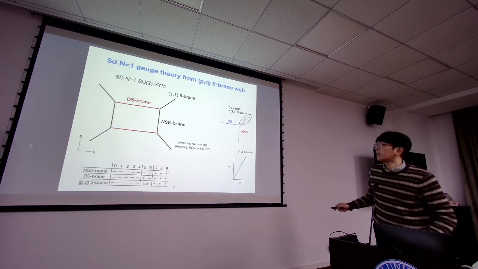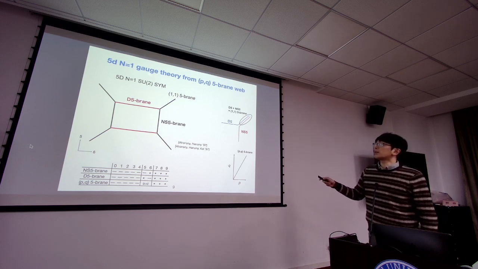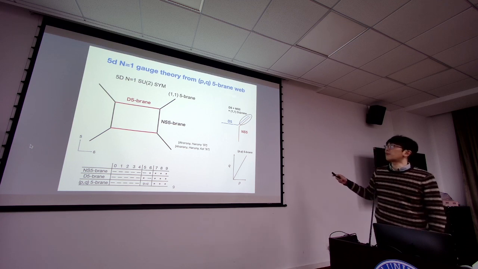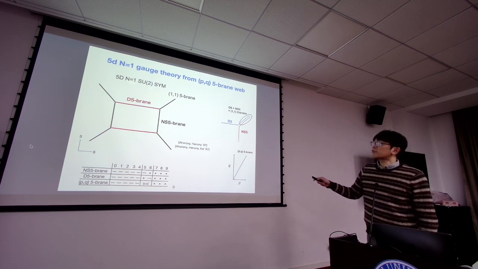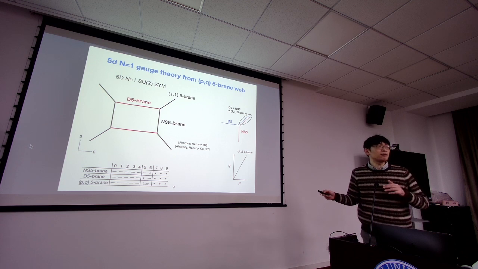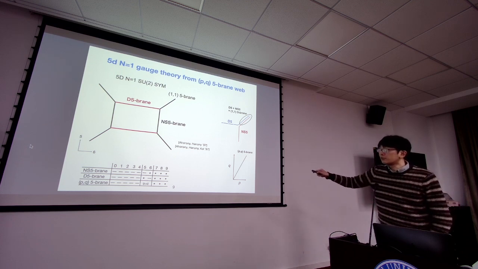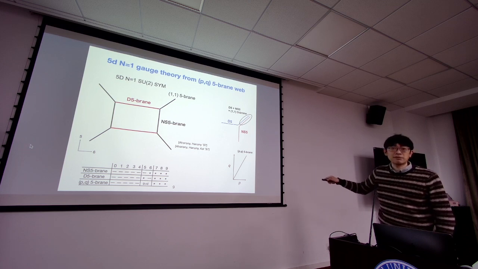And if we consider 5D N=1 gauge theory, as Sonsu introduced, we use a 5-brane web diagram. 5D N=1 SU(2) super Yang-Mills theory is roughly constructed in a similar way, like two D5 branes suspended between two NS5 branes.